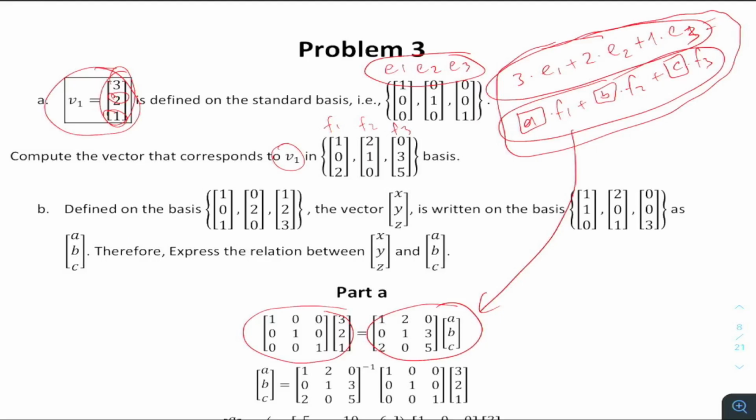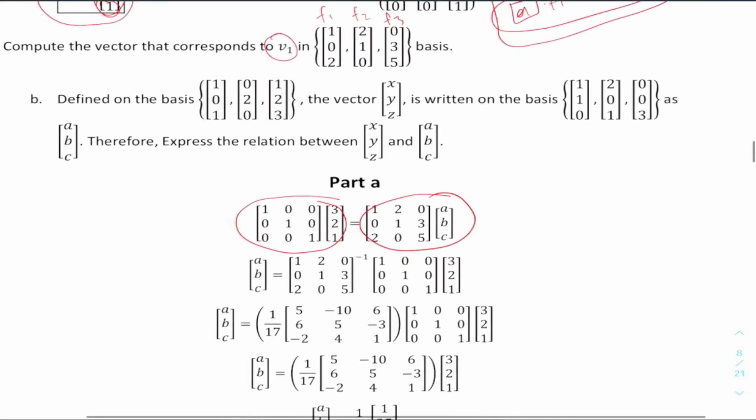And let me delete some of them. We need to compute A, B, C, these entries of that vector.